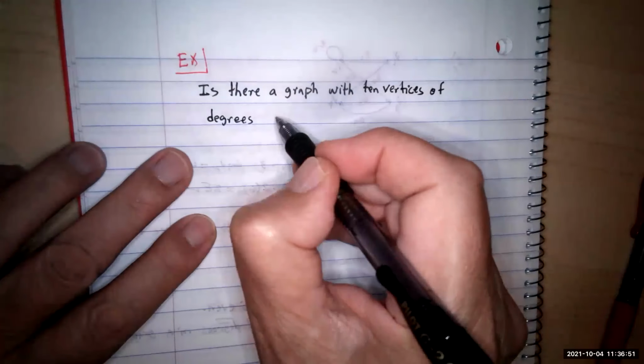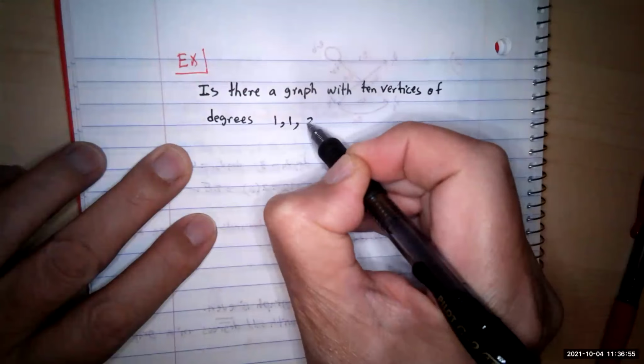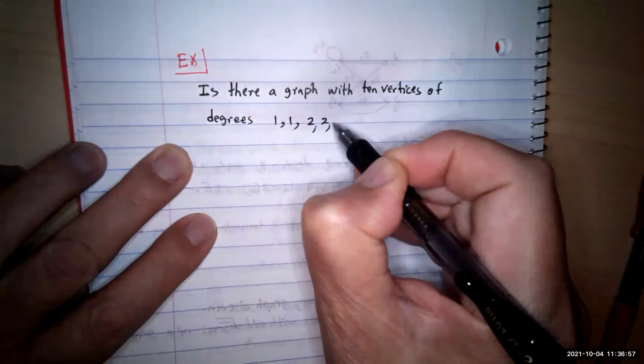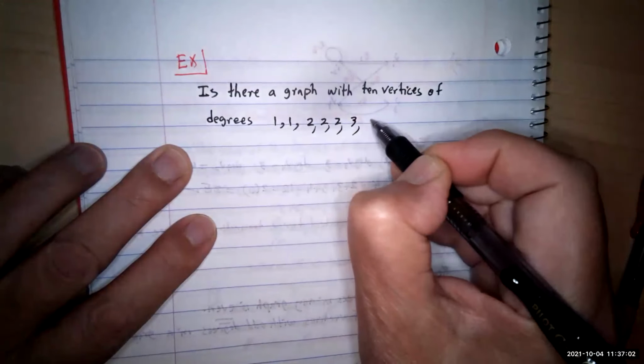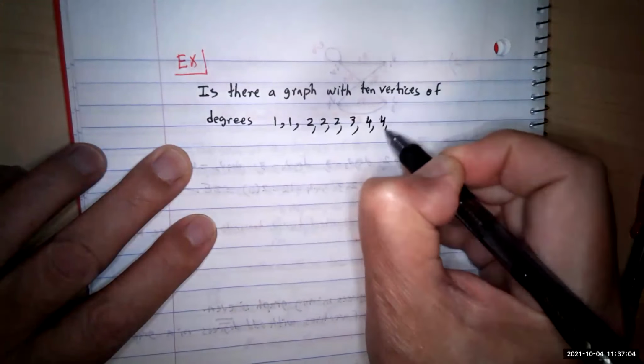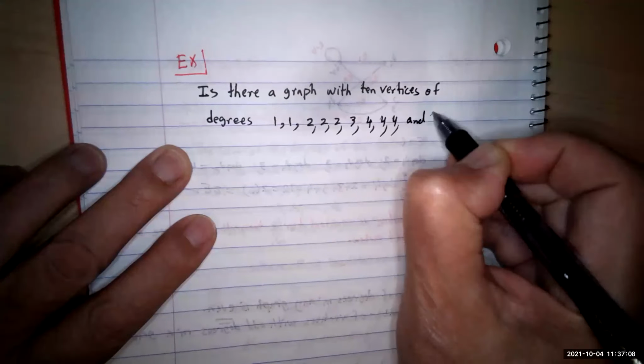The degrees are 1, 1, 2, 2, 2, 3, 4, 4, 4, and 6. There you are.